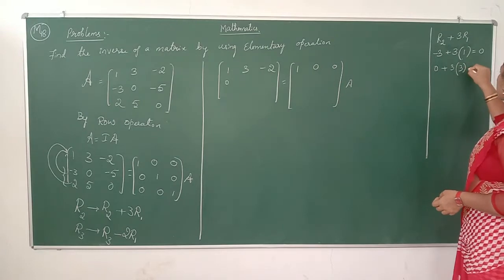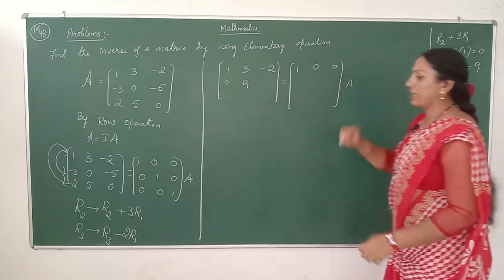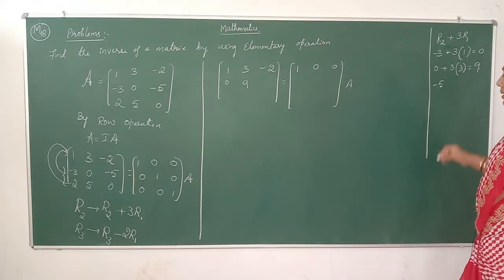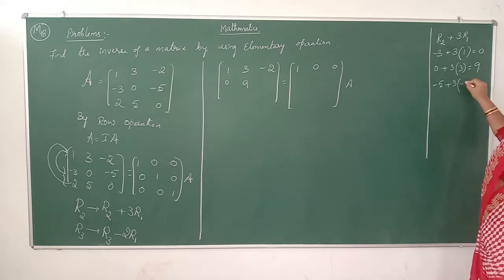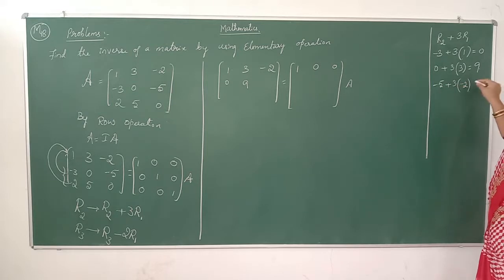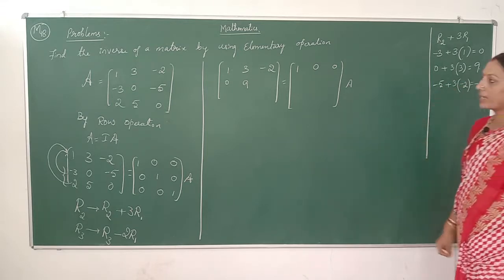So, 3 into 3 is 9. Similarly, third element, R2 is minus 5 plus 3 times the corresponding R1, which is minus 2. So, minus 5 minus 3 into 2 is 6, minus 5 minus 6 is minus 11.